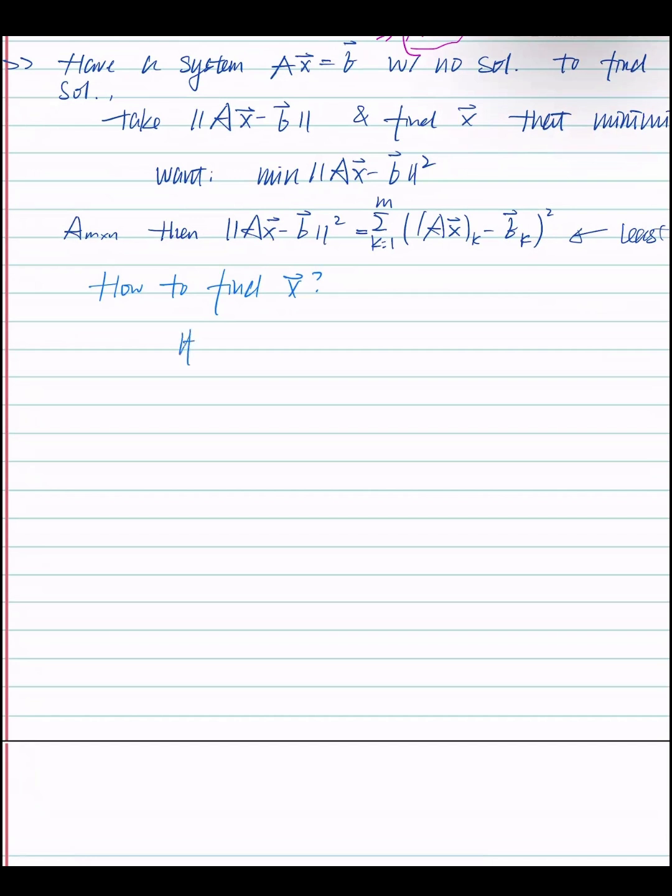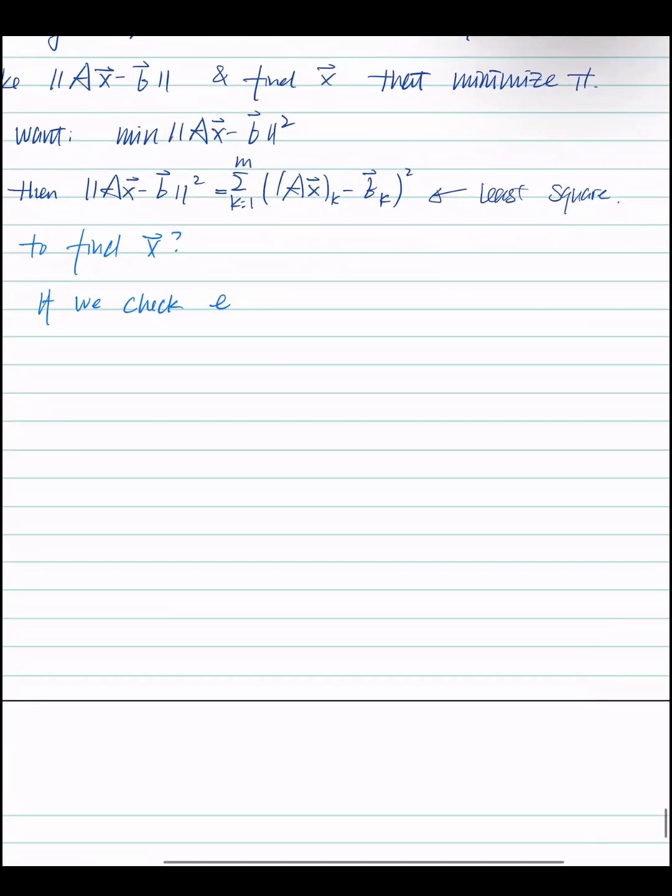And then we are looking for the result of the equation in the image of A, and we find the x that makes the distance smallest. So we are actually looking at the range of A, or the image of A.